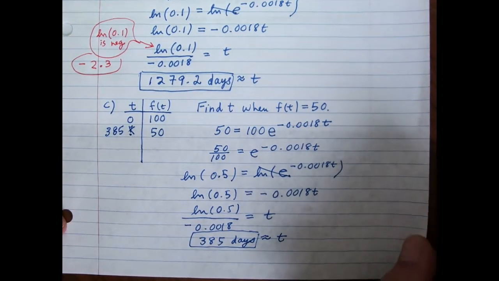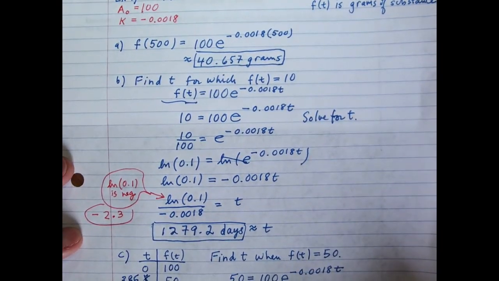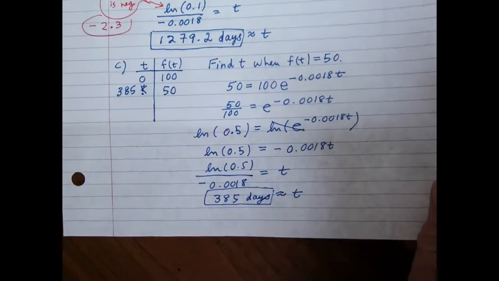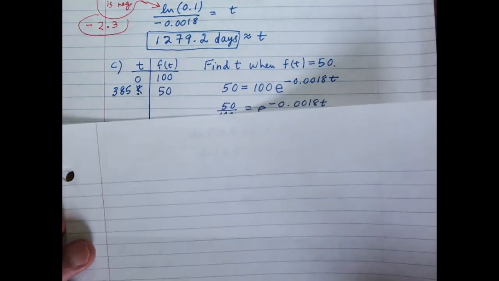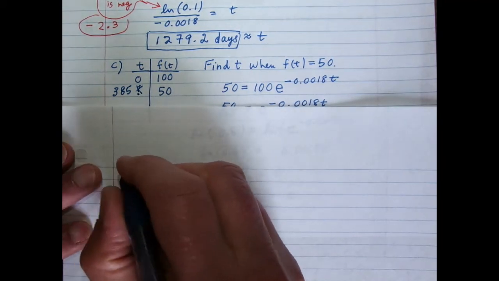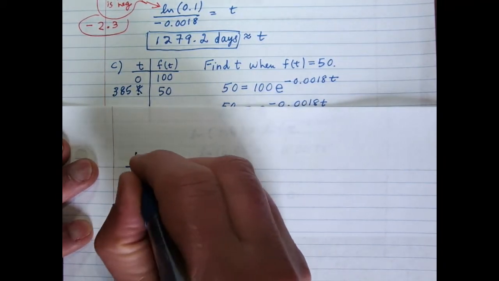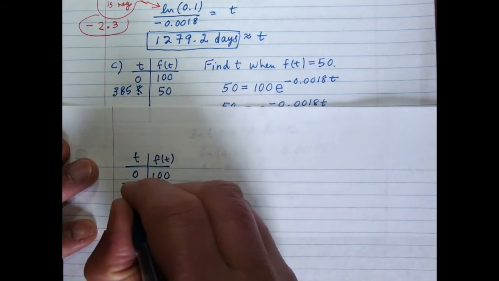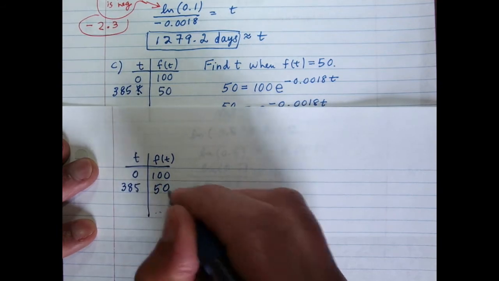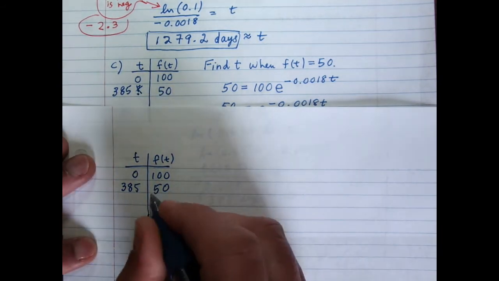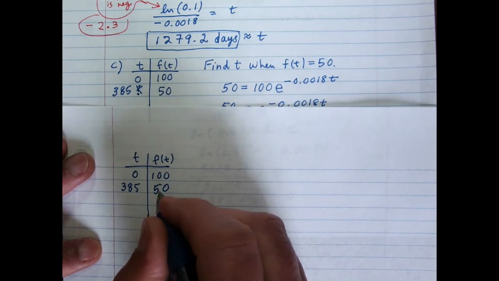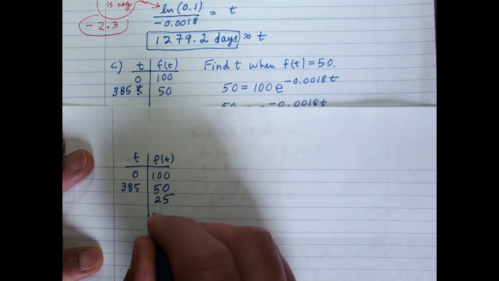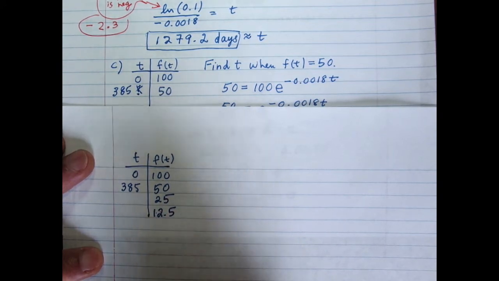We also want to know how long does it take to decay from 50 to 25, 25 to 12.5. What I'm going to do is just recopy this chart, this table, t, f of t, 0, 100, 385, 50, because what we can do is figure out the value of t that will give us 25 grams and 12.5 grams in each case.